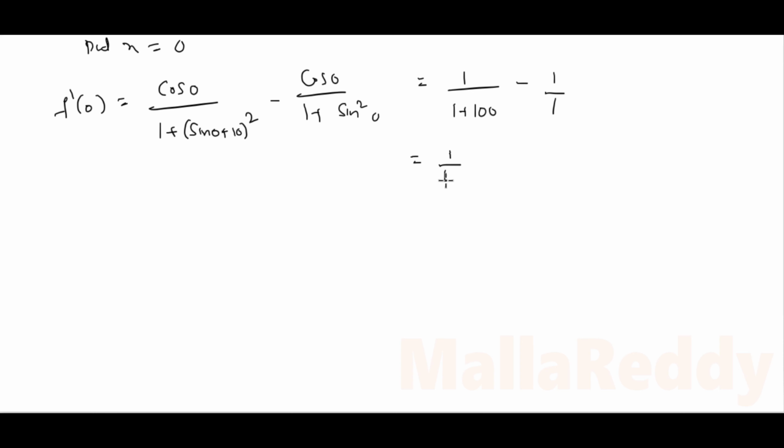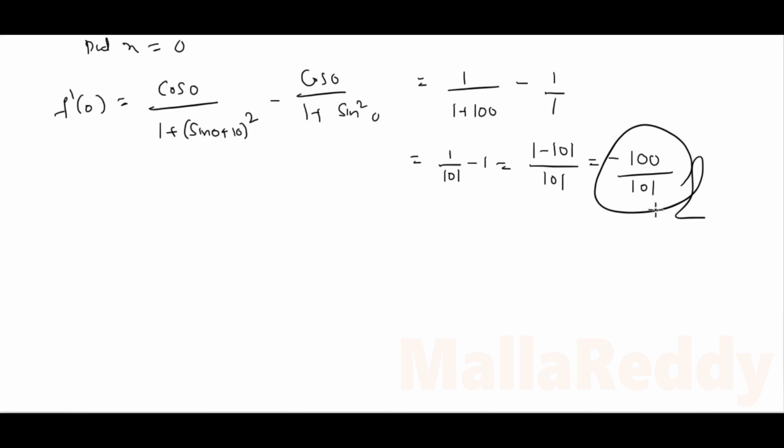That is 1 by 101 minus 1, that is equal to 1 minus 101 by 101, that is equal to minus 100 by 101. So the value of the given function, therefore f dash 0 is equal to minus 100 by 101.